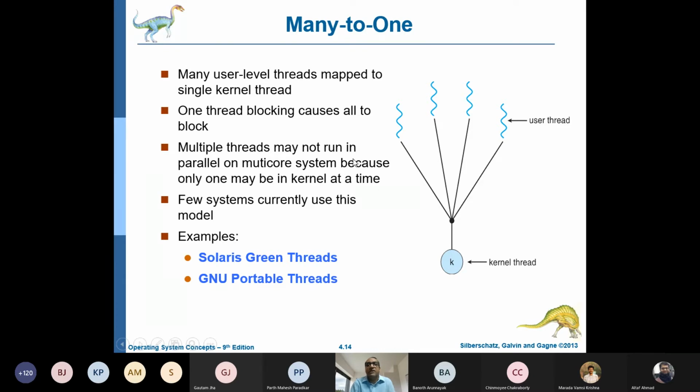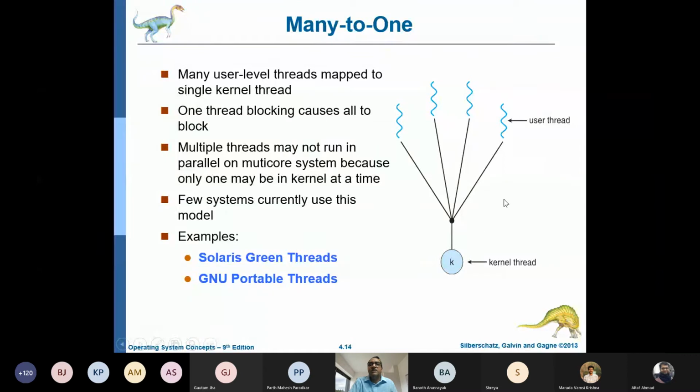If the model is many-to-one, the application process has multiple user level threads, but all of these are managed by a single kernel thread. And since the kernel is single threaded, even though I have a multi-core system, it is not exploited by the kernel, because the kernel has only a single thread of control.